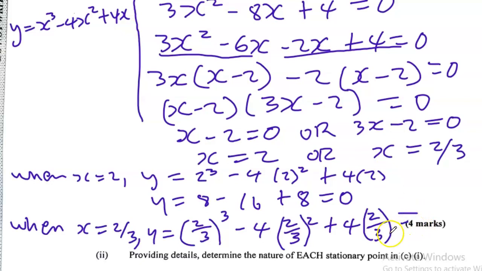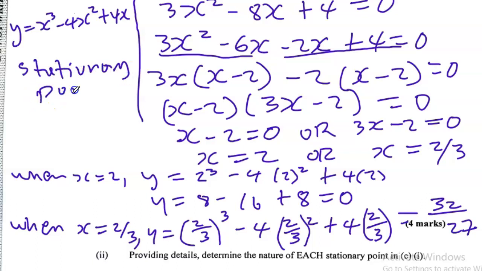And I believe that will give us, let me see, 32/27. So the stationary points, so stationary points, or you can refer to them as turning points, what are they? They are when x is 2, y is 0.